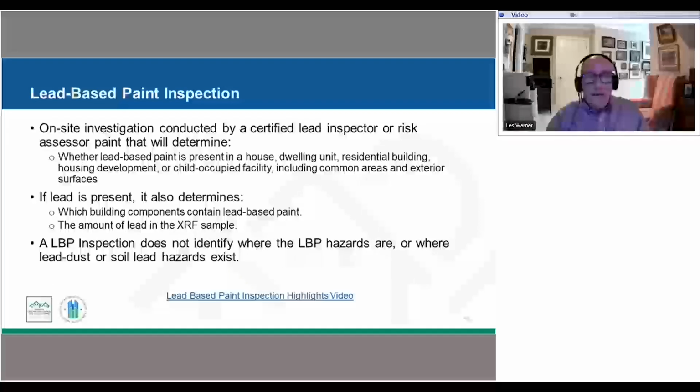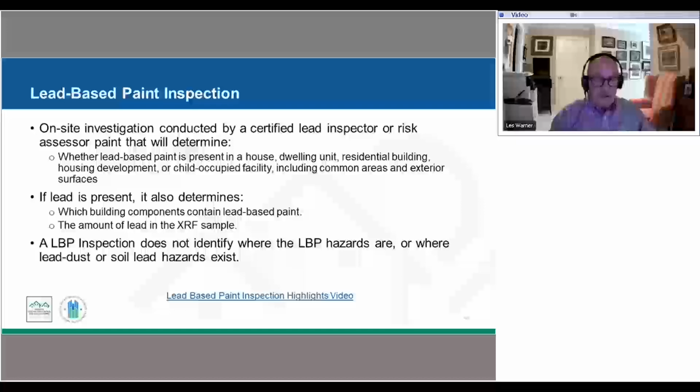For a lead-based paint inspection, this is where we talked about testing paint and determining whether we actually have lead-based paint. This needs to be completed by a certified lead inspector or risk assessor. Again, this is surface-by-surface testing to determine whether we have lead-based paint present.